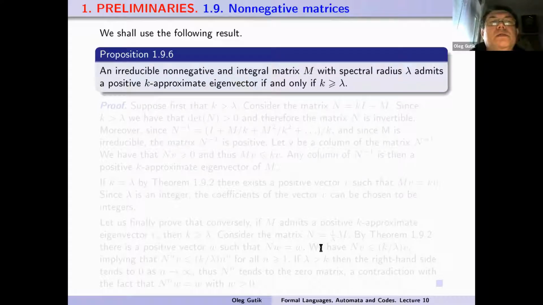Proposition 1.9.6. An irreducible non-negative integral matrix M with spectral radius lambda admits a positive K-approximate eigenvector if and only if K is greater or equal to lambda. The proof. Suppose first that K is greater than lambda.